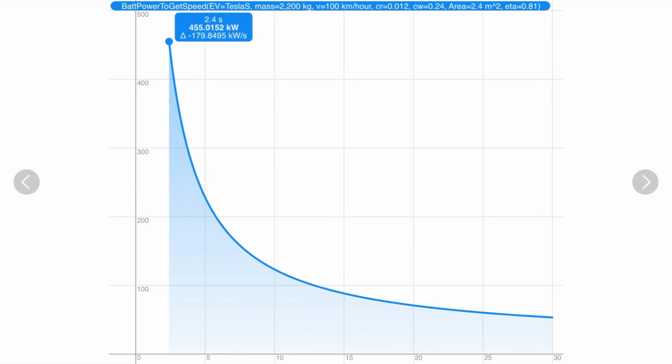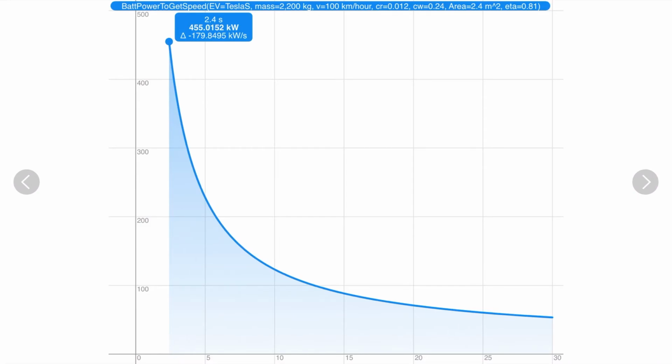The next thing I checked is acceleration. This was one of the last equations we had. Here again for the Tesla Model S, one of the first Tesla models which achieved 0 to 100 kilometers per hour in 2.4 seconds.